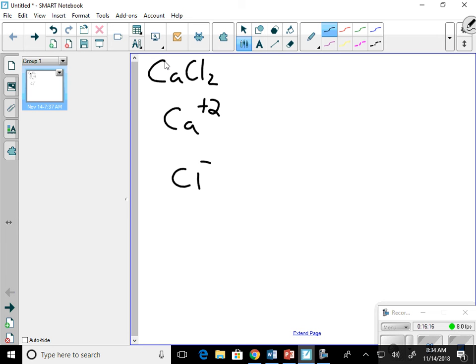That makes a difference. Calcium can only gain electrons. There is no calcium plus 3 or plus 4. So I know that this is going to gain electrons to form solid calcium. And if this were to occur, is this oxidation or is this reduction? Reduction. Remember, you gain electrons, you reduce.